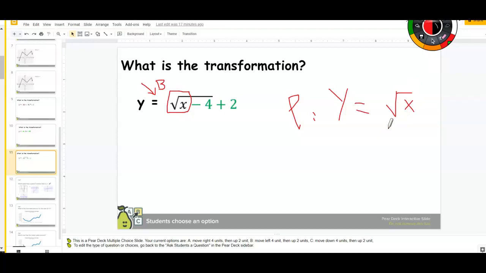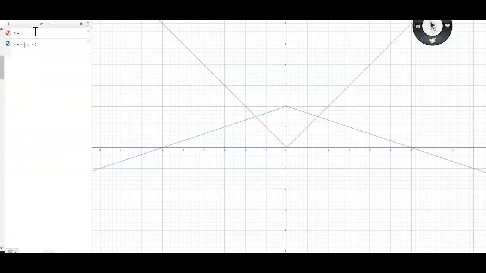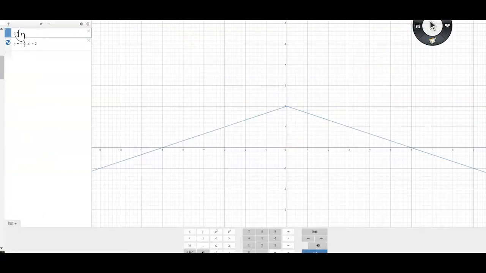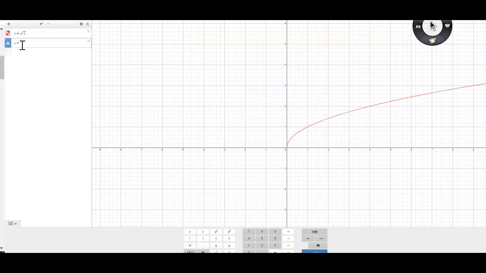Now let's put both of the equations in the decimals. So this time the parent equation becomes y equals square root of x. And the baby equation becomes y equals square root of x minus 4 inside and then plus 2 outside.